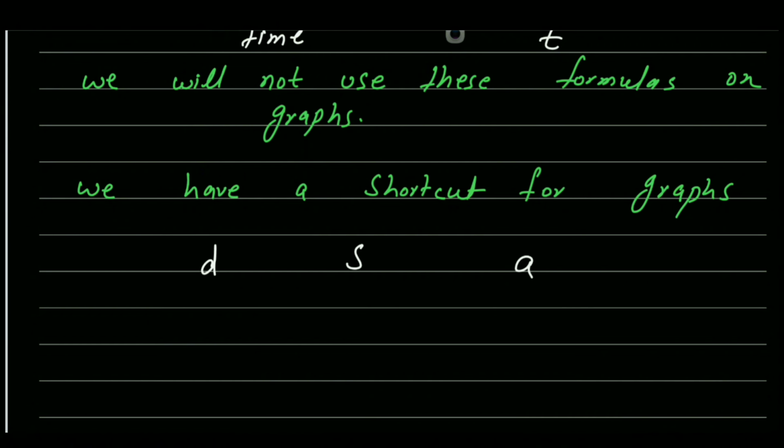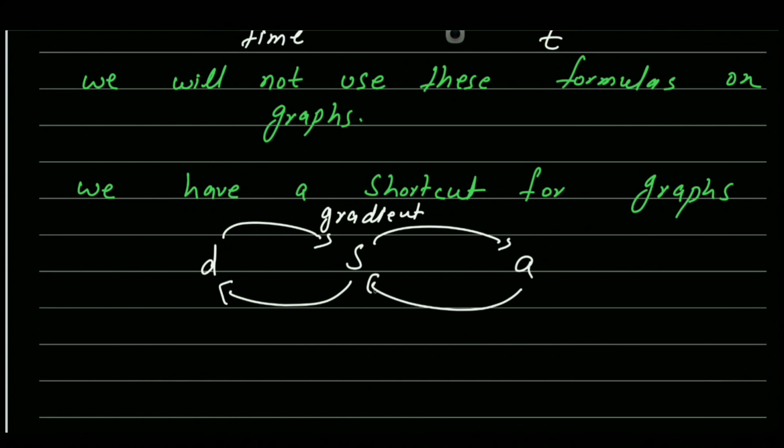So remember the rules of DSA. If we have to go forward, forward means we are going to find gradient. D to S or S to A means that we have to find gradient. And if we have to go backward, like from A to S or from S to D, then we have to find area under graph.